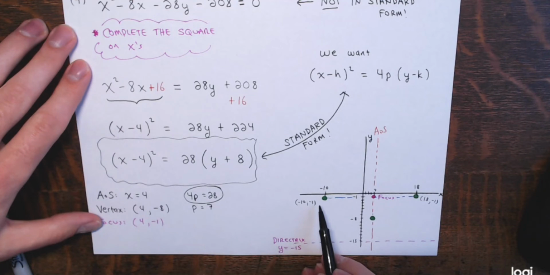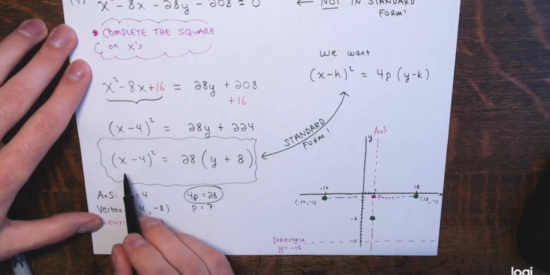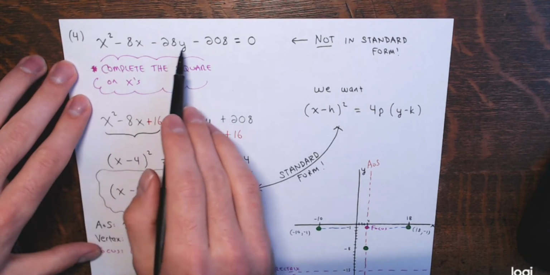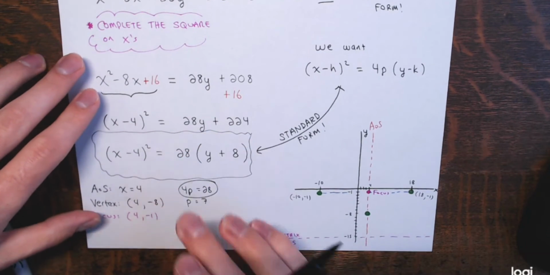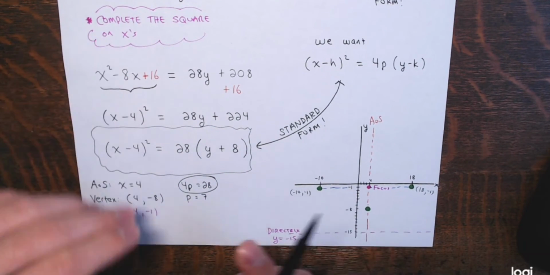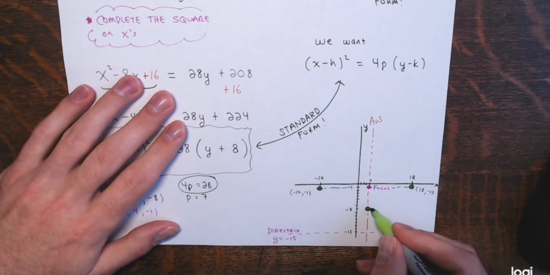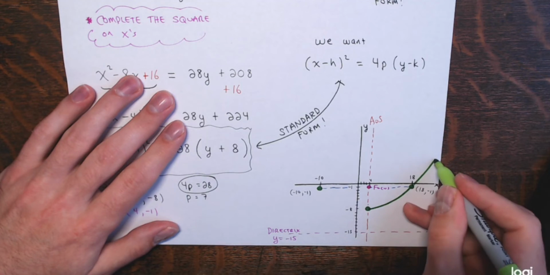And then plug in negative 10 for x and negative 1 for y, and again you would get 196 equals 196 in the standard form here. Or back up here, you'd get 0 equals 0. You should anyway if the equations are the same. And now that I have the vertex and these points on the ends of the latus rectum, I can draw a rough sketch of the rest of the parabola.